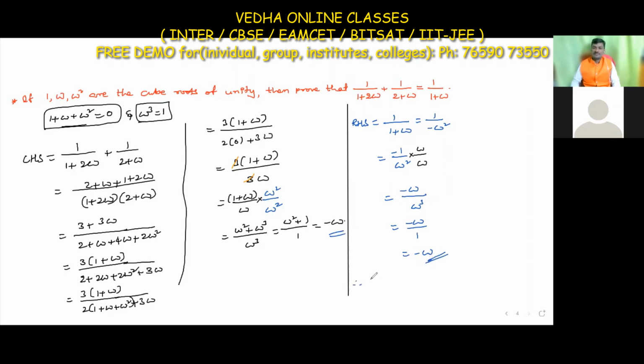Therefore 1 by 1 plus 2 omega plus 1 by 2 plus omega is equal to 1 by 1 plus omega, since LHS and RHS are equal. LHS and RHS equal or not? Yes, sir. Okay, just note down till here.